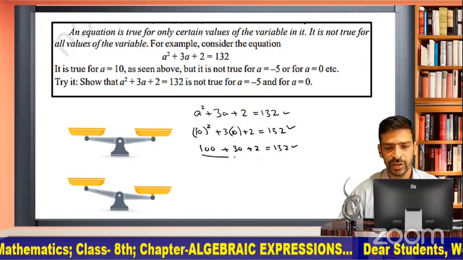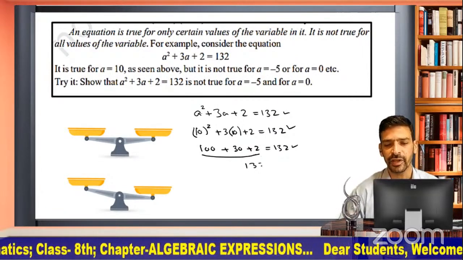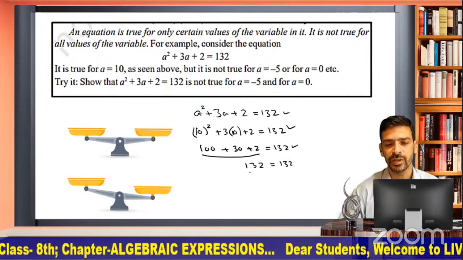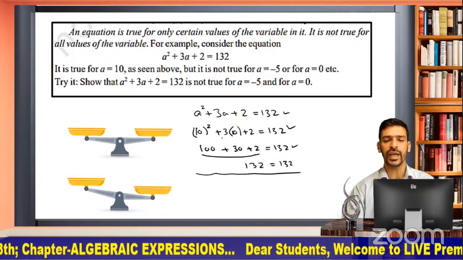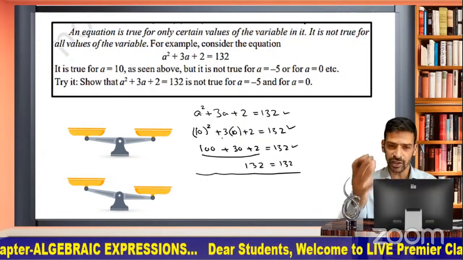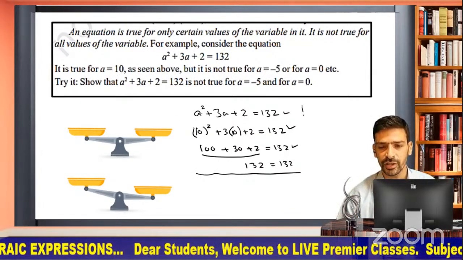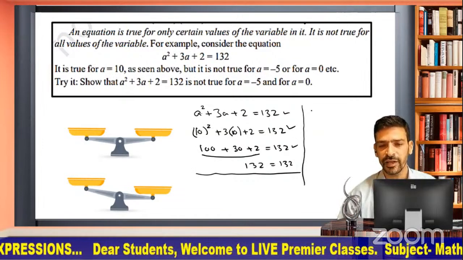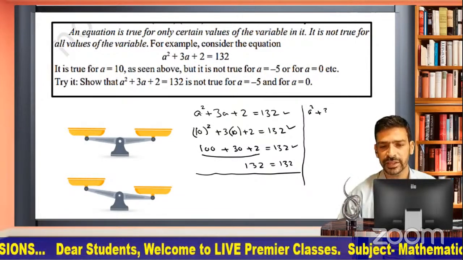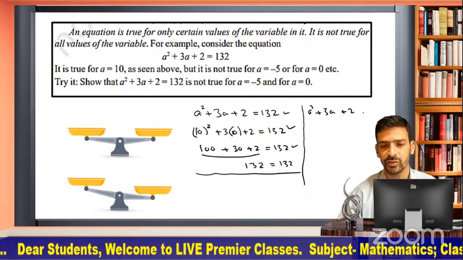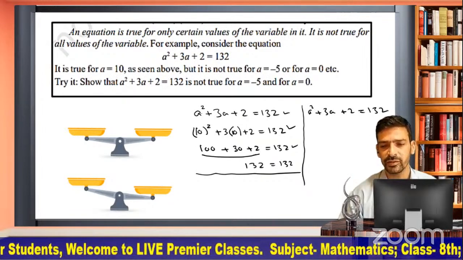And you see, adding the left hand side, you get 132. So for value of 10, the left hand side turns out to be right hand side. Let us check the same for minus 5.